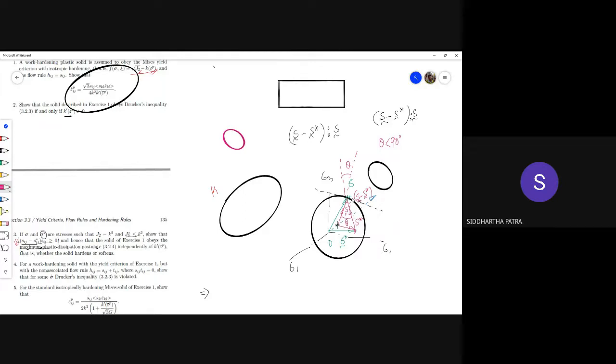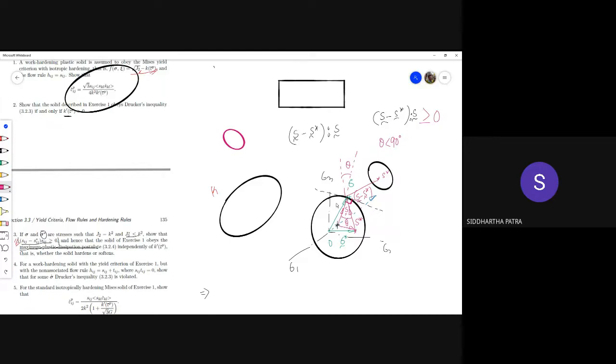Now this tangent is at a 90 degree angle, so in order to have an angle greater than 90 degrees, the S star must exist outside of the cylinder. If it is inside the cylinder, this angle is never greater than 90 degrees. So this inner product right here is greater than or equal to 0.